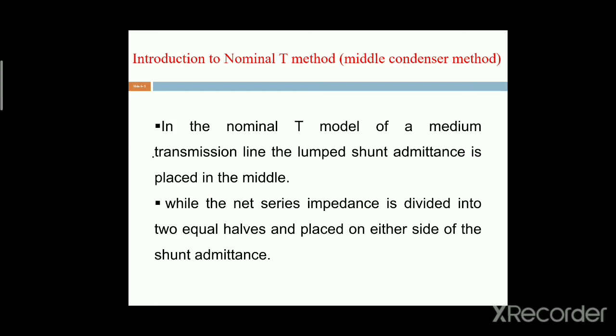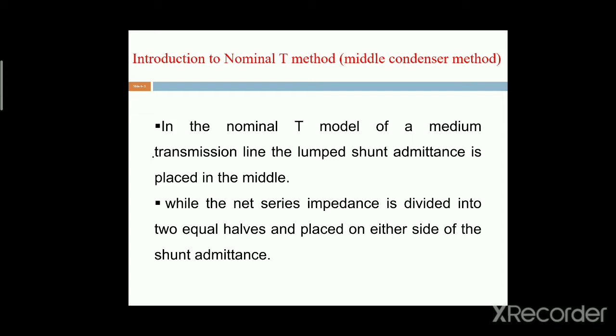That's why it is called the nominal T method. In the nominal T method, the lumped shunt admittance is placed in the middle; that means the capacitance is taken at the middle of the transmission line.